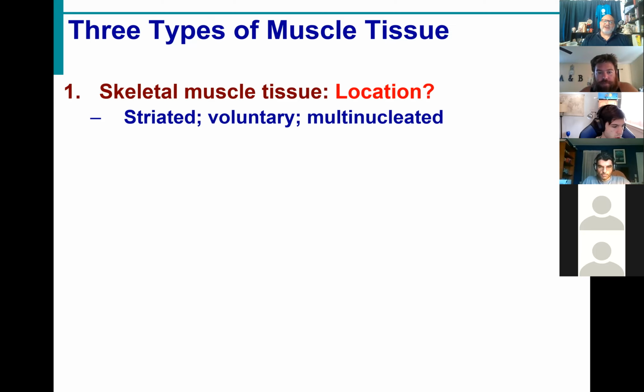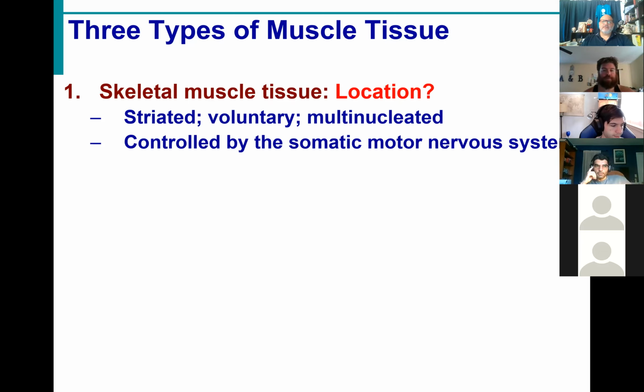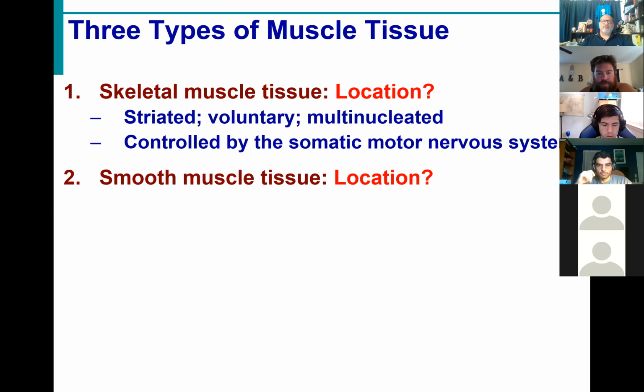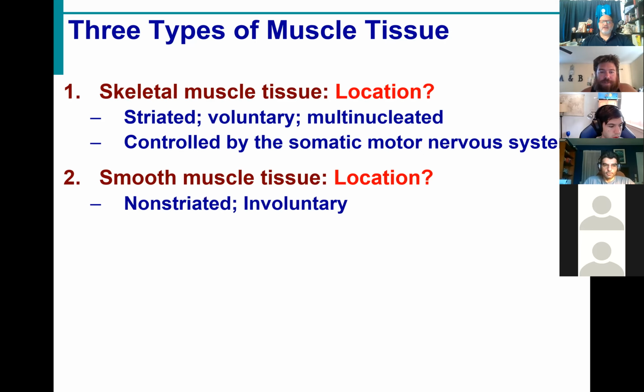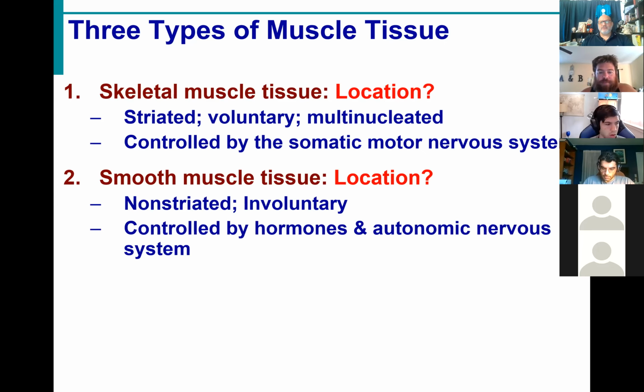We know it is voluntary, controlled by our somatic motor nervous system. It is multi-nucleated. Smooth muscle is located where? Lining our hollow organs, right? Non-striated, involuntary, controlled by hormones and the autonomic nervous system.